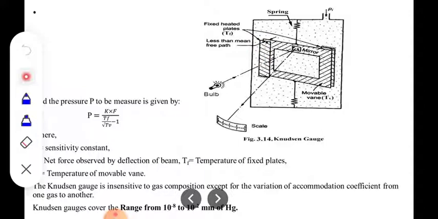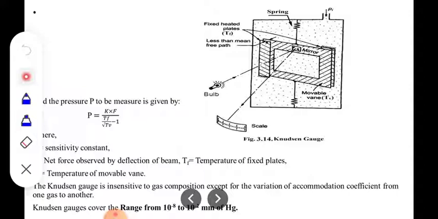Upward and downward movement are controlled by springs, because springs are provided on the upper side and lower side. The fixed heated plates are maintained at a temperature T suffix H, and the movable vane is maintained at a temperature T suffix V.